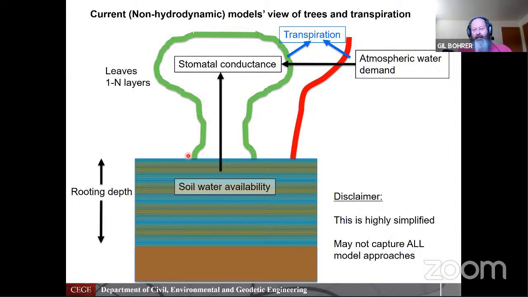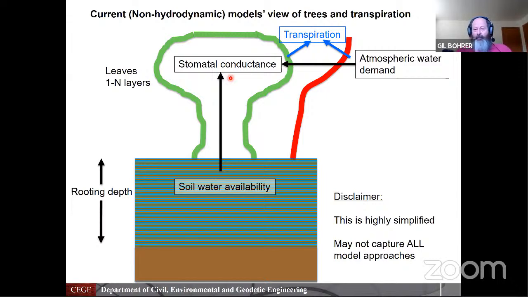And stomata are controlled by some average soil water availability. The only recognition of the hydrodynamic properties of trees is that there is some rooting depth, but the rooting depth only informs us which soil layers need to be incorporated in the single average number of soil moisture that ends up controlling stomata.